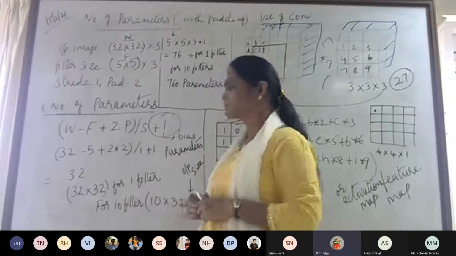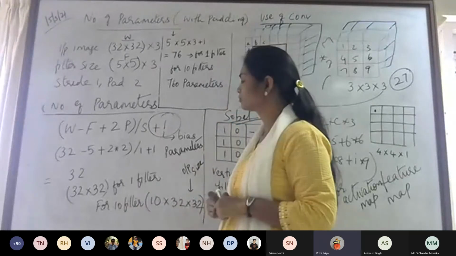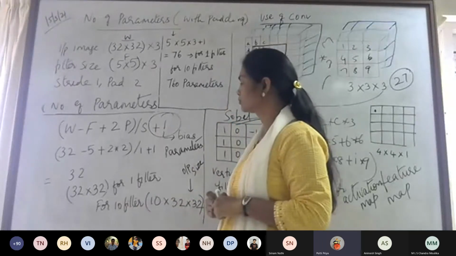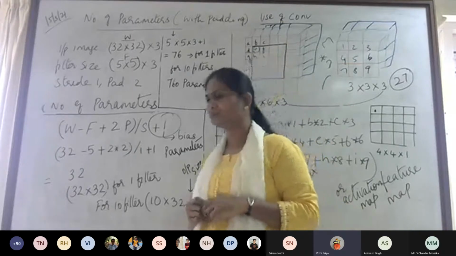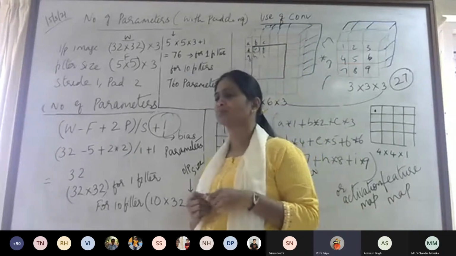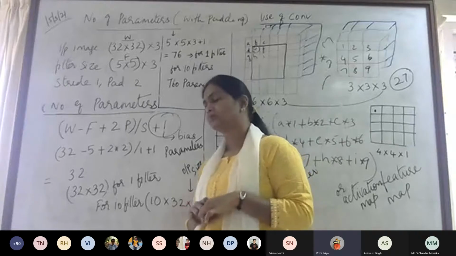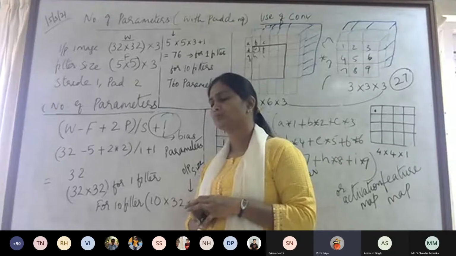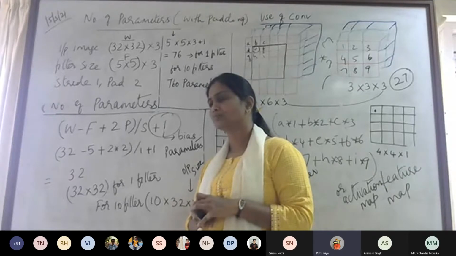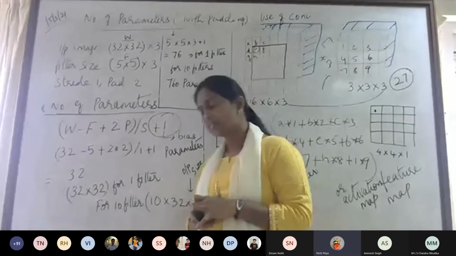Ma'am, bias is with respect to a filter, and it depends on the final shape of the matrix after applying the filter, no ma'am? So it's like the number of cells in the output matrix plus 1, no ma'am? Yes.